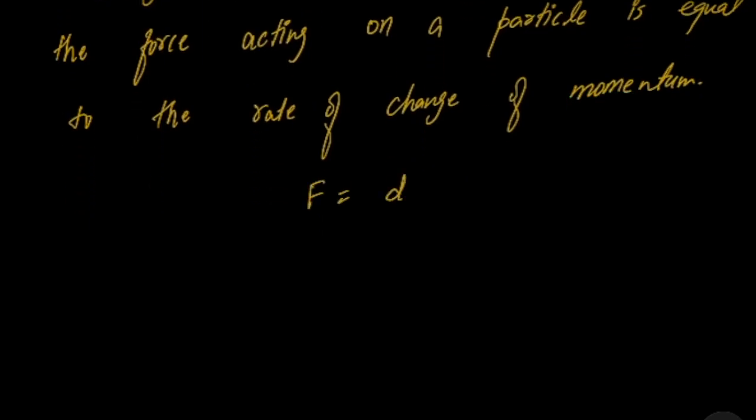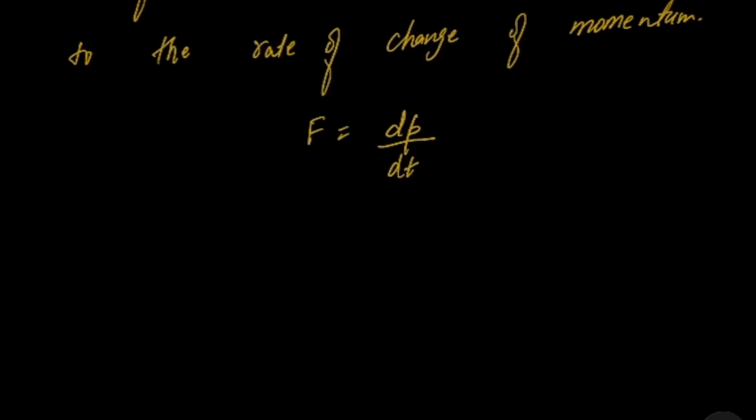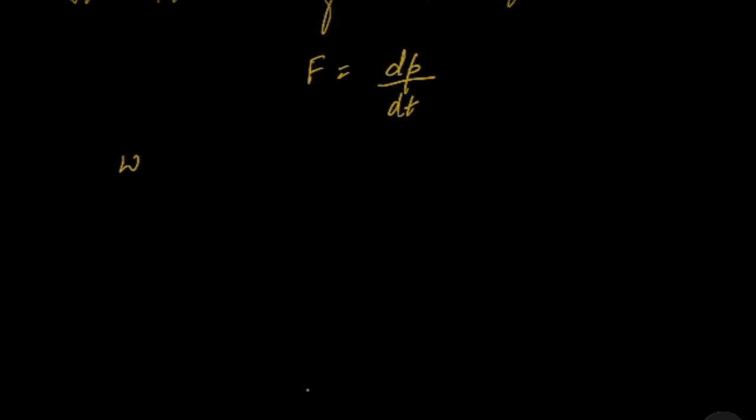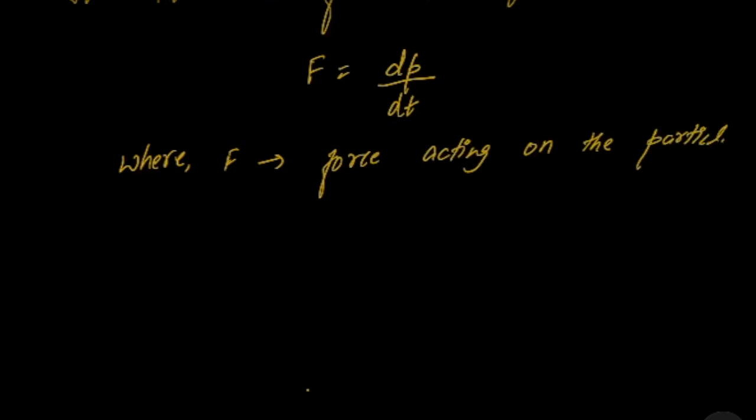F equals dP upon dt. This is the formula for force, where F is the force acting on the particle and P is the momentum of the particle.